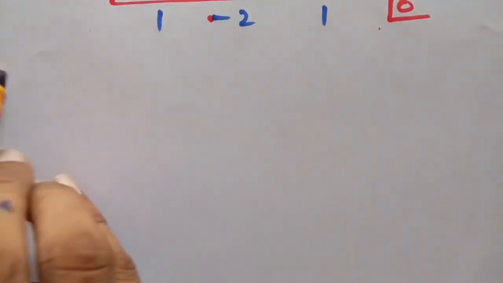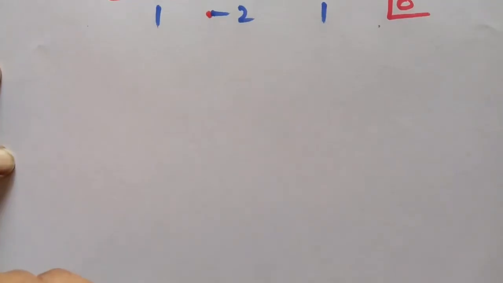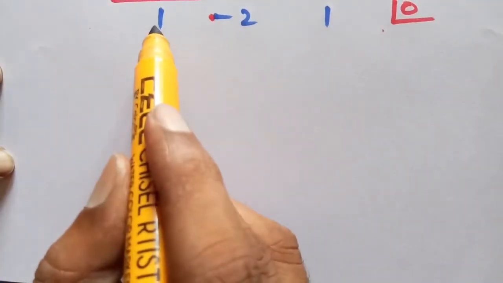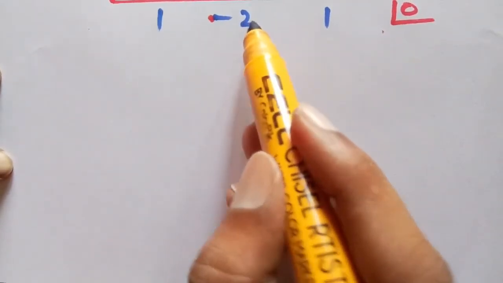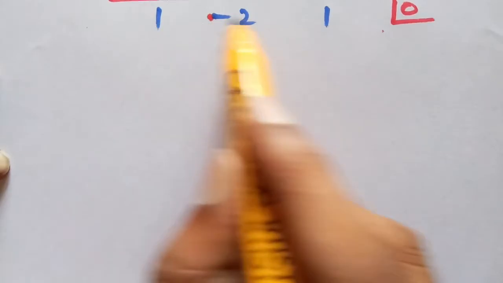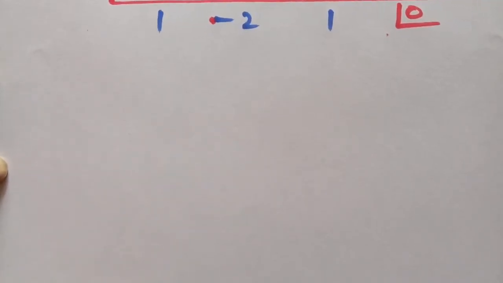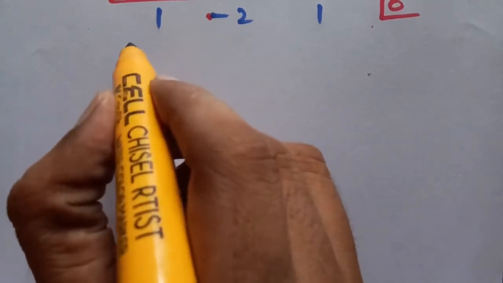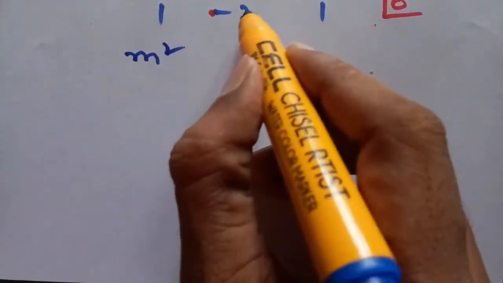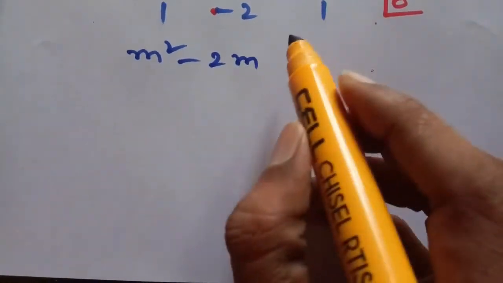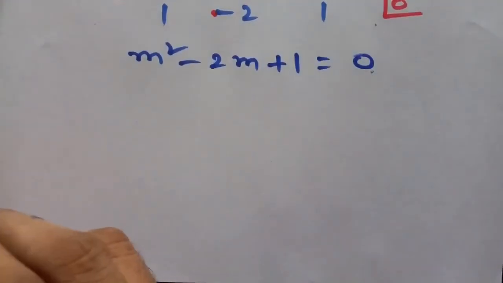Now, we already found two roots. Minus 1 is one root, 1 is another root. So therefore, the resultant coefficients are the coefficient of m square, coefficient of m, and the constant, because it is a second degree equation. Since we already calculated two roots, the fourth degree equation becomes a second degree equation. So this is the coefficient of m square, this is the coefficient of m, this is the constant, equal to 1.